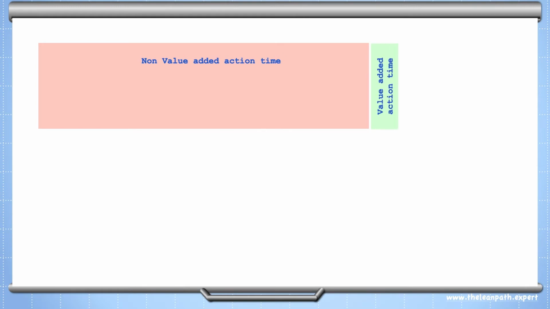a customer faster. When we talk about process optimization area, most companies and teams will focus on this green area of value-added actions and improve it. Why is that? Well, it's much easier for us to identify how to improve the value-added action, or think we know how.